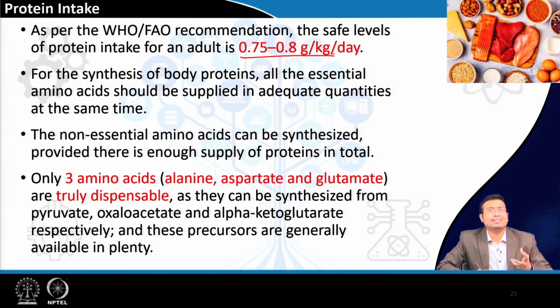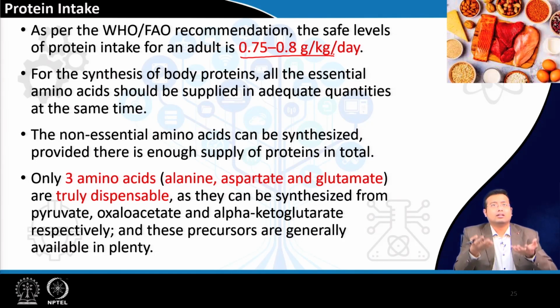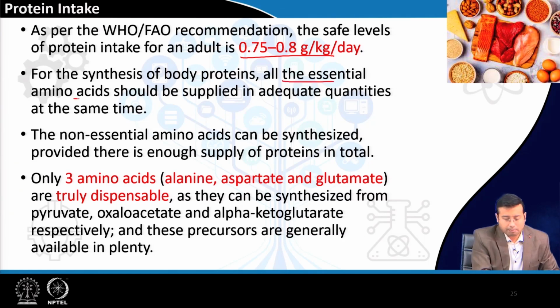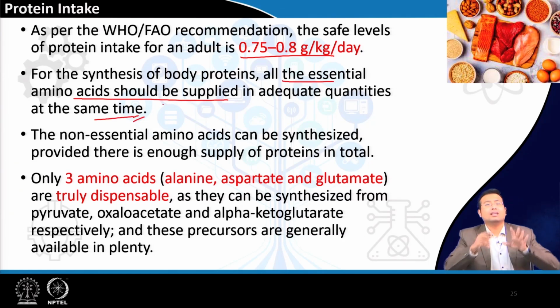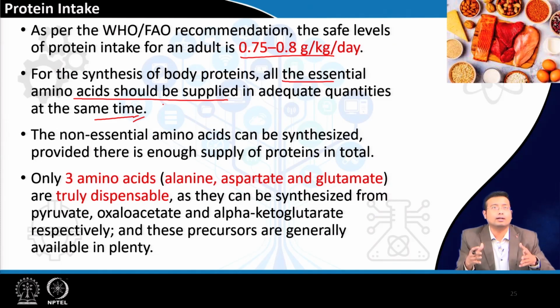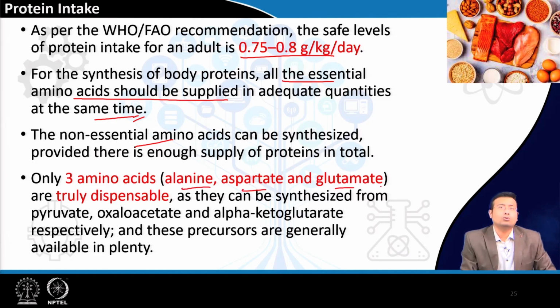Why is it required? For synthesis of all the essential amino acids that should be supplied in the diet. For that, we need protein, because proteins will be broken down by proteolytic enzymes, and from them non-essential amino acids will be synthesized. In reality, only 3 amino acids are dispensable, meaning even if there is no protein in the diet, alanine, aspartate and glutamate can be synthesized from pyruvate, oxaloacetate and alpha ketoglutarate.